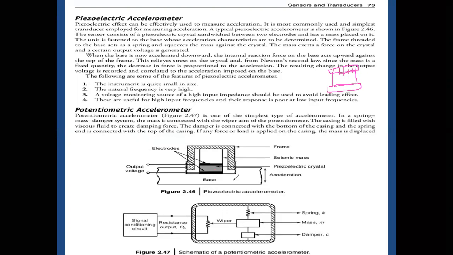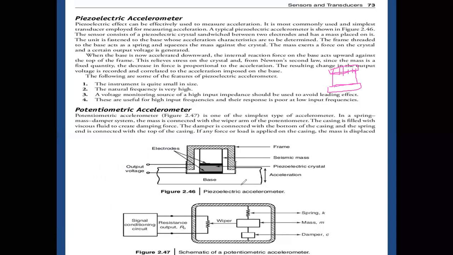We can call this entire fitting an accelerometer, which is positioned on the base. The base is nothing but the workpiece. We have two terminals here. One is connected to the casing, and another one is connected to the electrode, and by these two we obtain an output in the form of voltage.